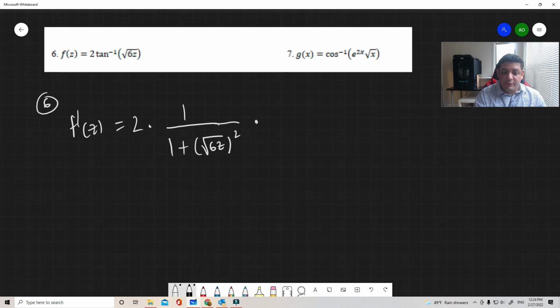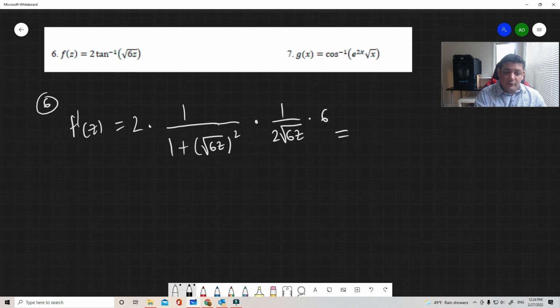And what is the chain rule of that? Well, that's going to be 1 over twice the square root of 6c times the derivative of the function inside, which is 6c, so it's going to be a 6. So this is the full chain rule in there. Of course, we can simplify this a little bit.